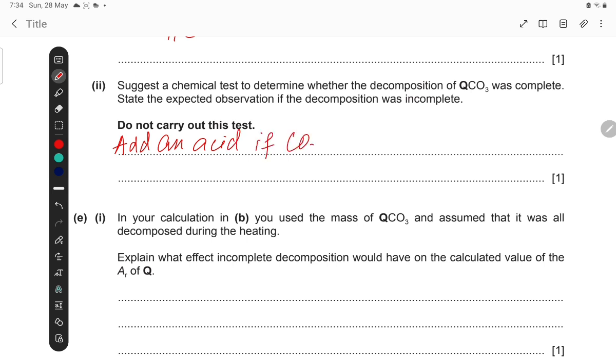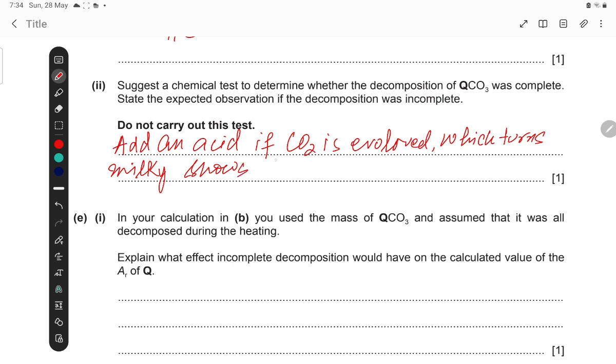If carbon dioxide is evolved, which turns lime water milky, it shows incomplete decomposition.